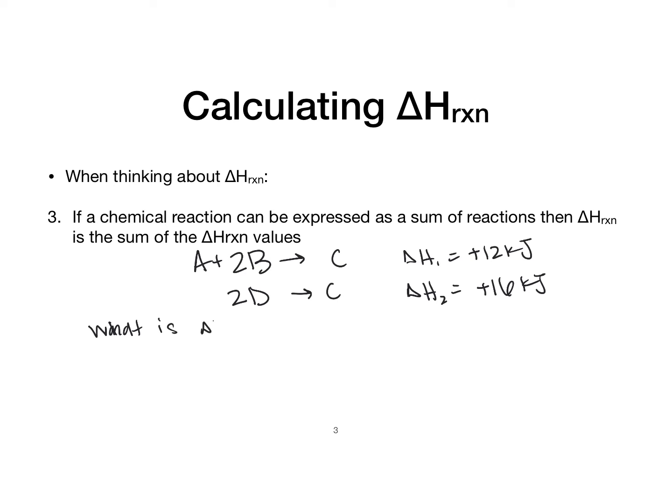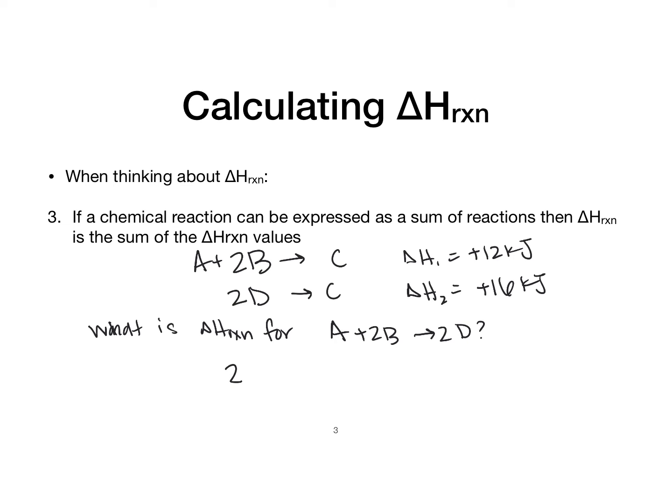I would like to know what is delta H reaction for A plus 2B goes to 2D. And so we can use the equations provided, so we don't need to come up with those, and their provided delta H values in order to calculate delta H reaction for an unknown equation.